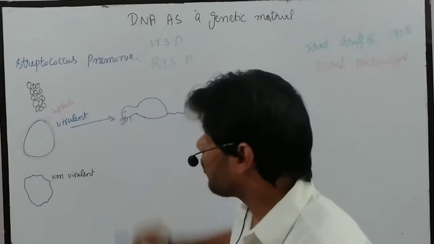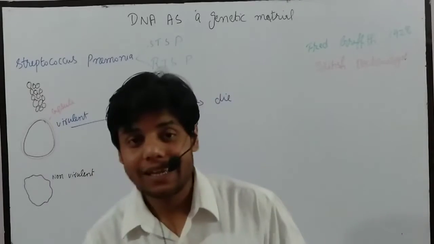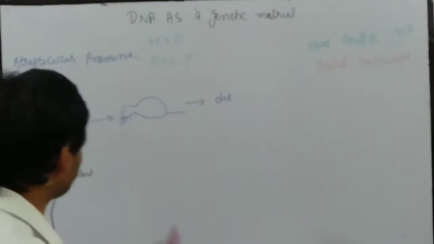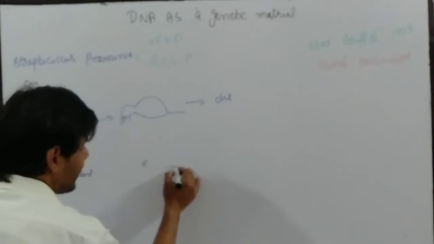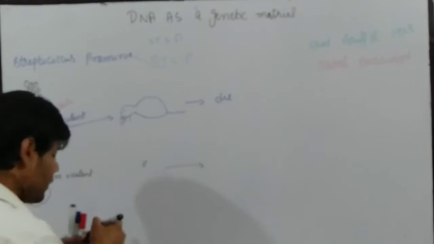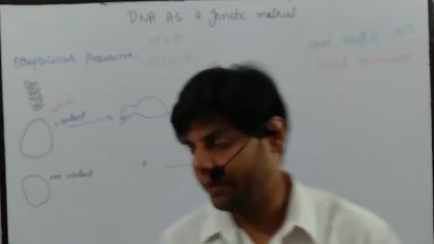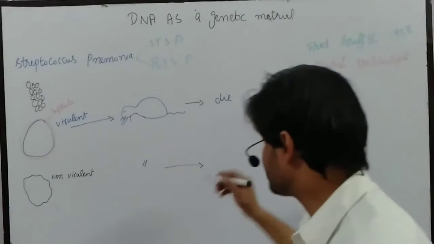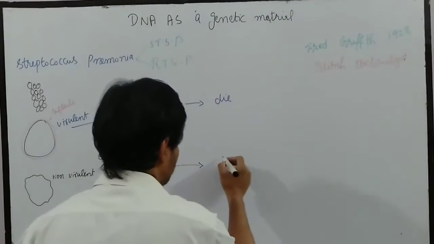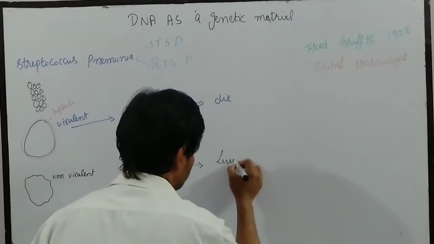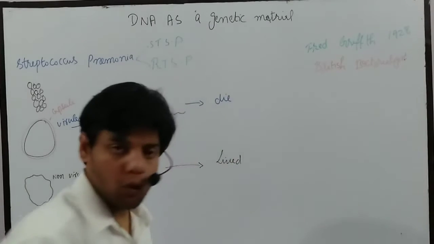Okay, now in the next step, he took the same mouse again and injected it with the R-type bacteria. The result was that the mouse was alive. Now why?